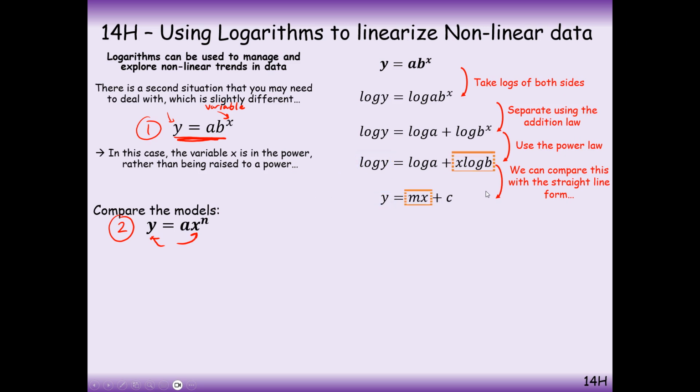Now notice here mx, and here is this log of b, because we said x is a variable, and if x came down here and we didn't change it, it is still a variable here. So what's a constant is log b. Log b is our gradient.